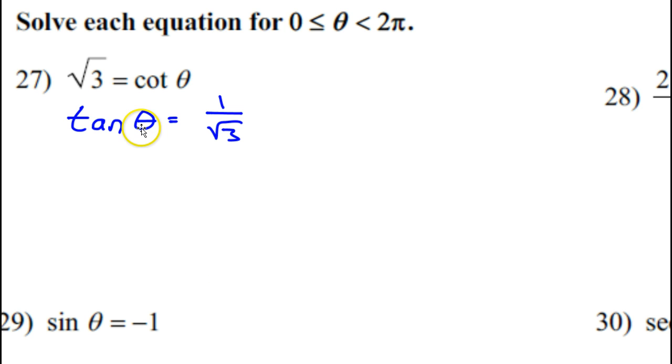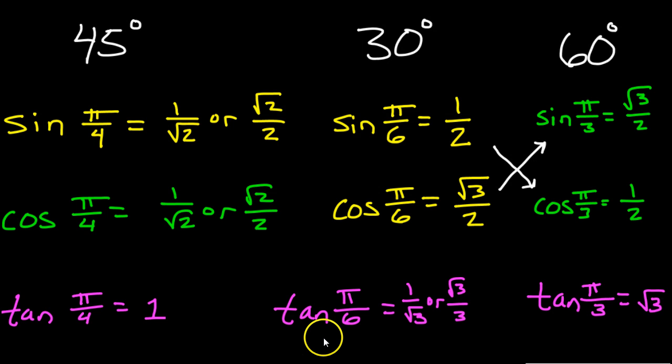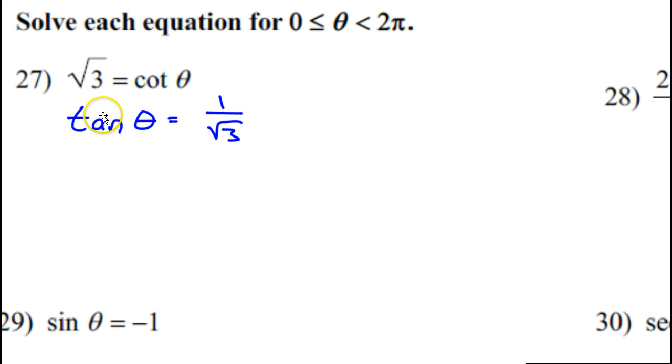So the tangent of what angle is 1 over radical 3? Okay, so here I have 1 over radical 3. So I know that the tangent of pi over 6 is 1 over radical 3. Now, that doesn't necessarily tell me the answer. That just tells me the reference angle.